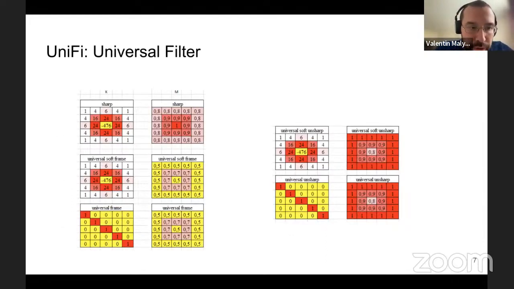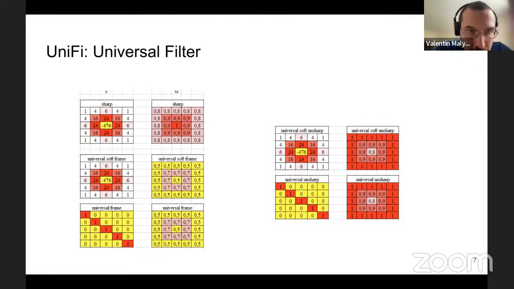So the universal filter is defined as a matrix with these values, as you can see on the slide.